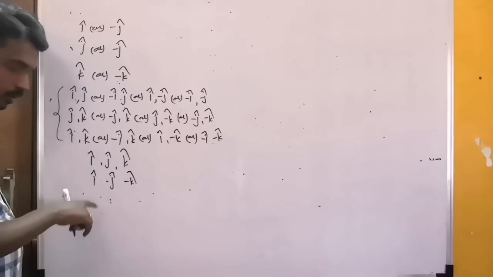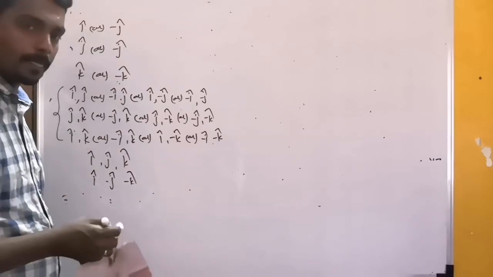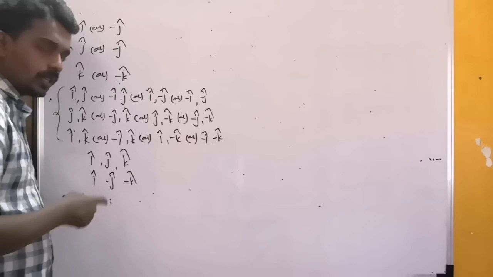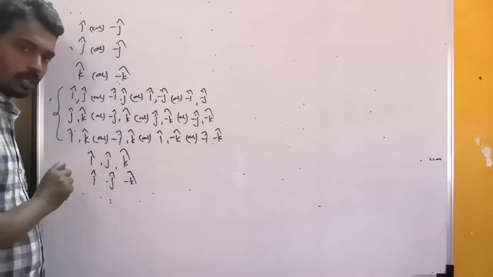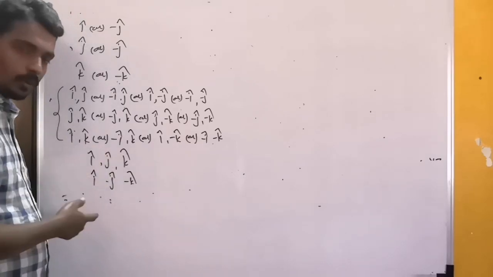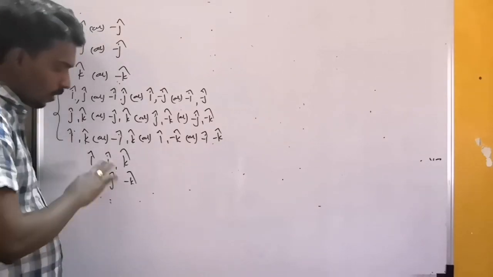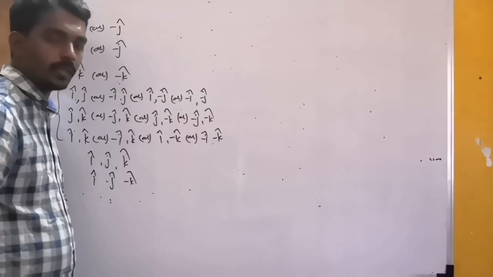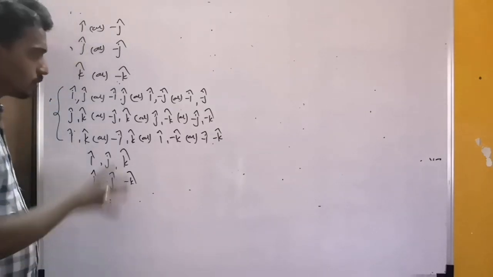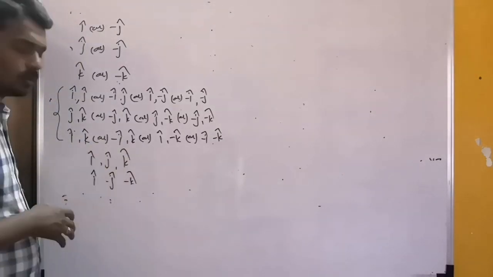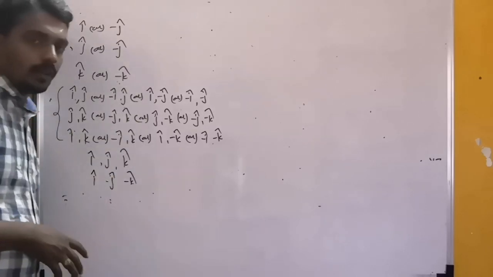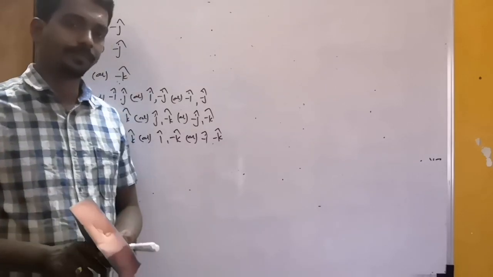Like in this also combinations can come. Like all x, y, z coordinates may be positive, or any one may be positive, or any one may be negative, or any two may be negative, or all three are negative, depends. So this way you please try to understand the vector representation.